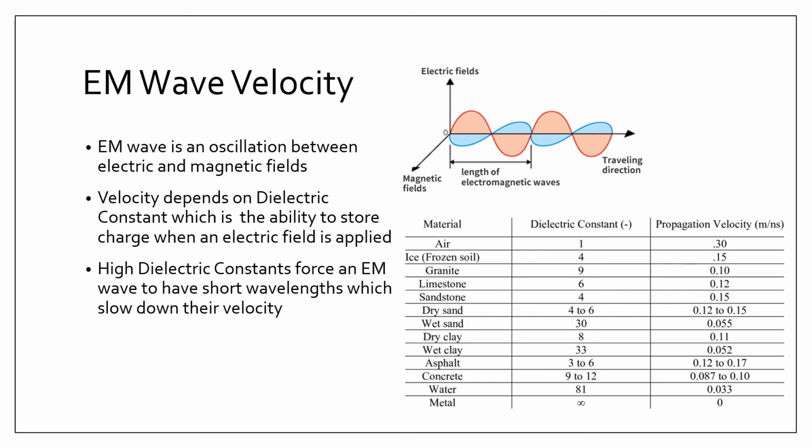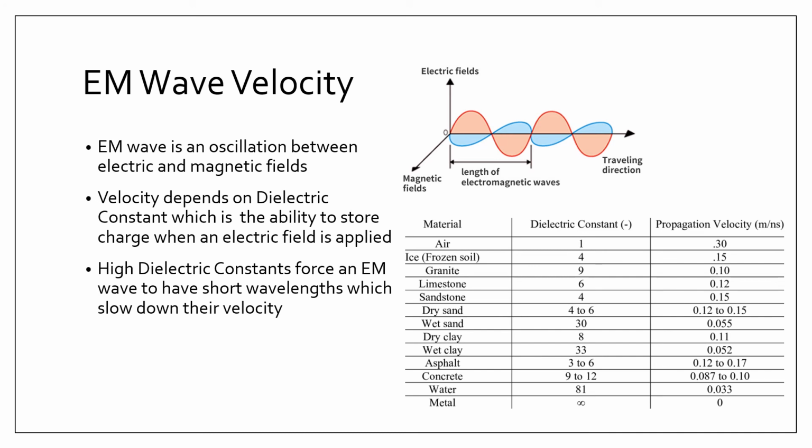GPR is relatively one of the youngest methods in geophysics, and it's probably one of the most popular methods in geophysics, for many reasons. For example, GPR can give you a real-time view of the underground. It has a lot of applications, although it also has a lot of downsides, which we will be discussing later in this course.